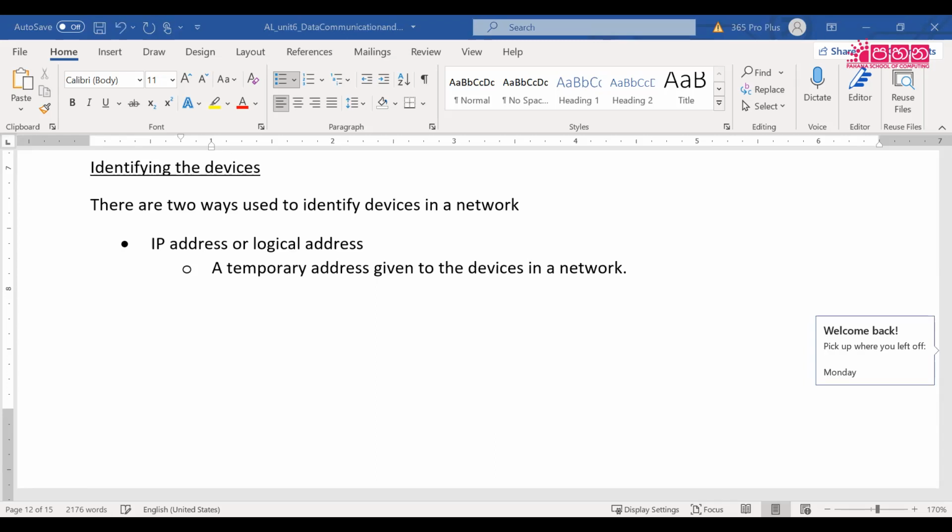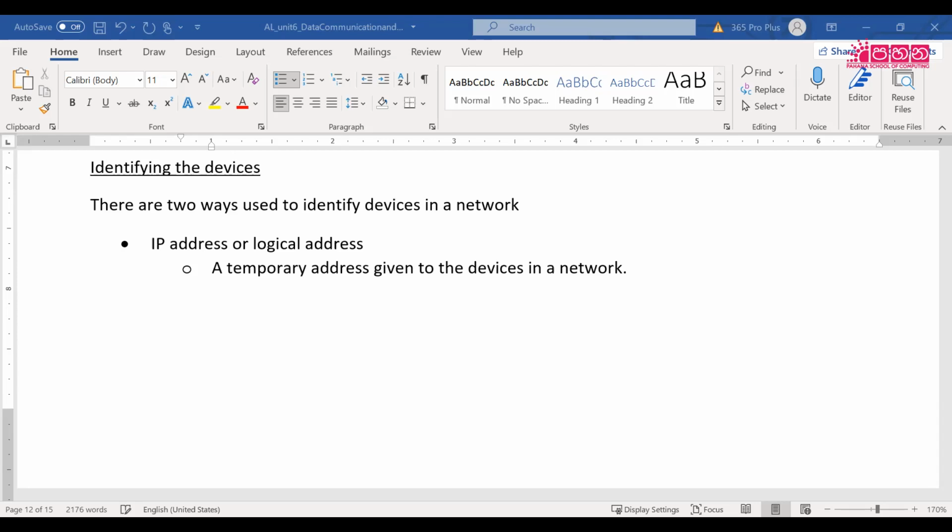If you remember what we discussed earlier, when you say IP address, you have four numbers, and we were using 8-bit numbers, which means the numbers can go from 0 to 255.